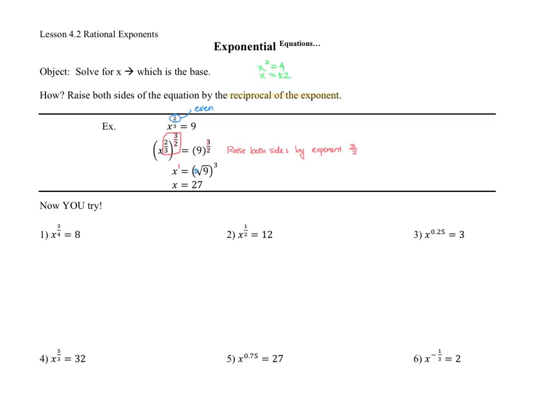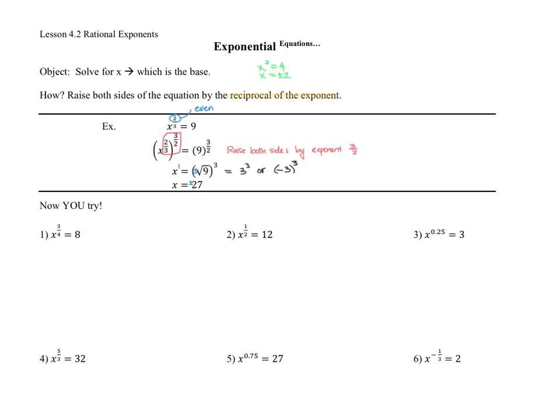So plus or minus the square root of 9 is now going to be raised to the exponent of 3. In this case we are going to have two possible answers. One answer is going to be positive 3 cubed, and the other answer is going to be -3 cubed, which is why we are now going to have two possible answers, positive and -27.